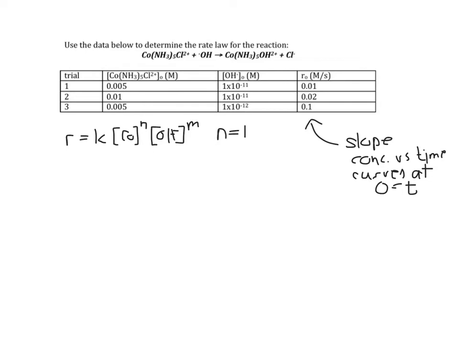So now I can do the whole thing again, but use trials 1 and 3, because in 1 and 3 the cobalt amine complex concentration stays the same, but the OH minus concentration changes.